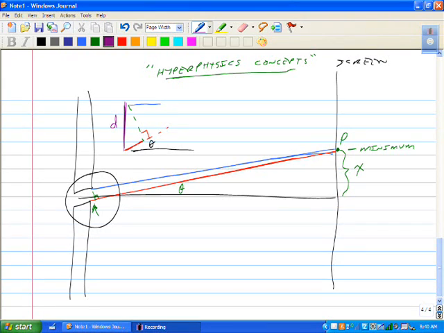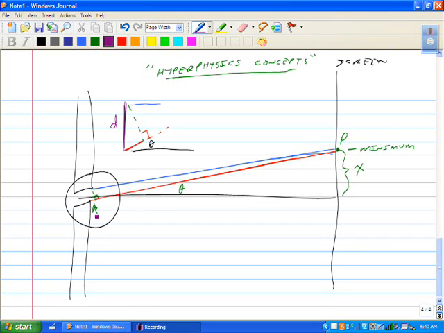Now, the path distance is related to d by this.